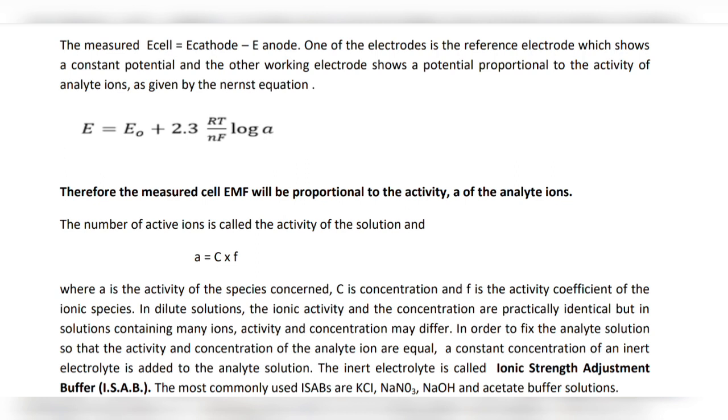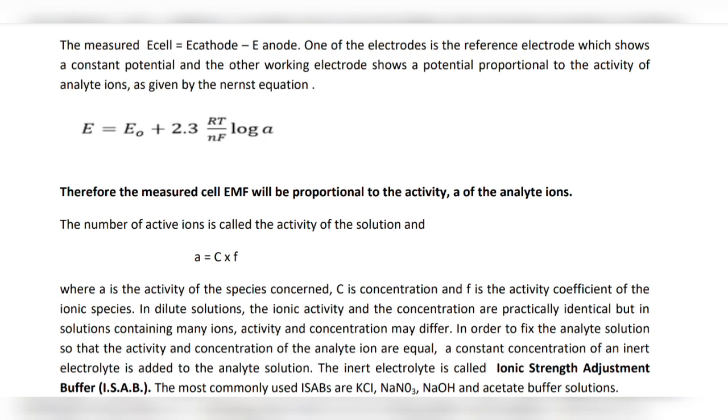Okay, the concept of this activity is that in dilute solutions of strong electrolytes, the electrolyte is completely dissociated. So all the ions are available for the concentration. So the solution is called an ideal solution. Ideal means completely dissociated.